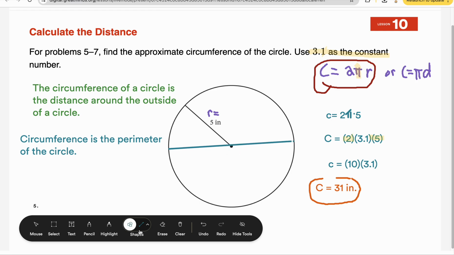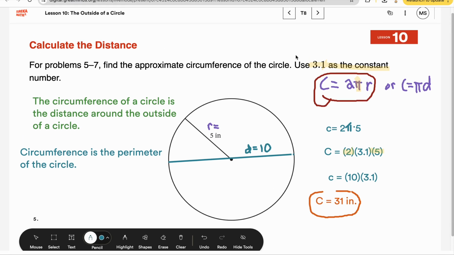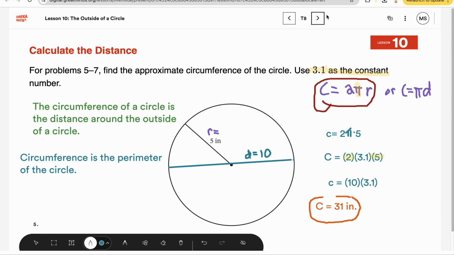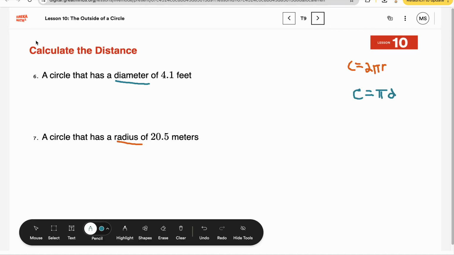So in this case, this would be the diameter of this particular circle, this distance from here to here. Diameter is always 2 times the radius, it's double. So in the case of this circle, my diameter would be 10. Okay? So that's what diameter means. Make sure you're drawing that in on this circle before moving on.